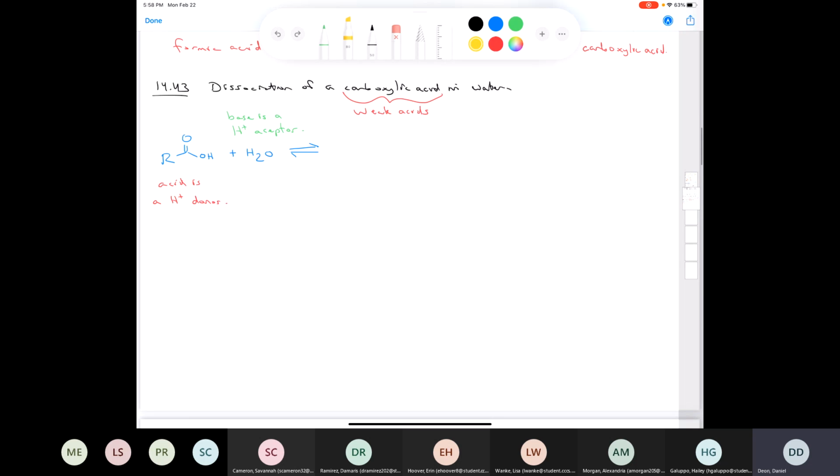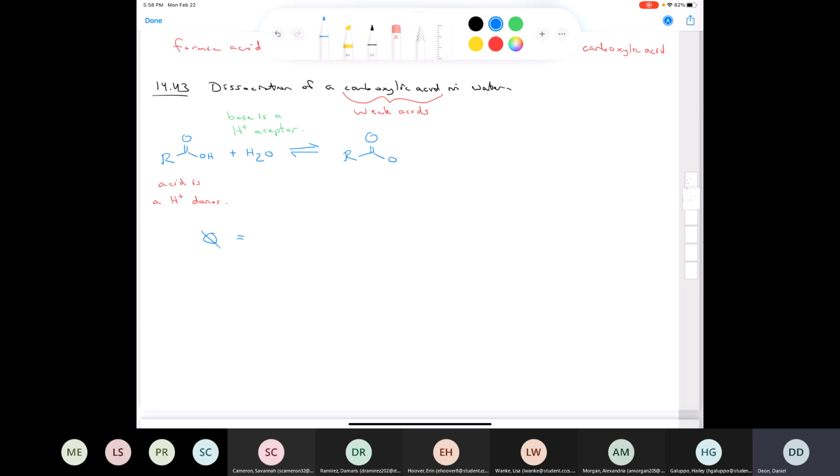Now, what would that give me? Well, we would end up with our carboxyl without the hydrogen. Now, if this is neutral and it's lost H+, what must be left over?